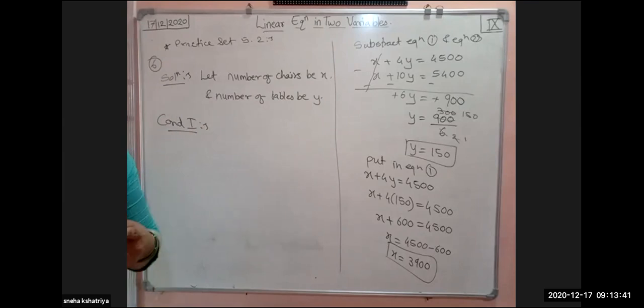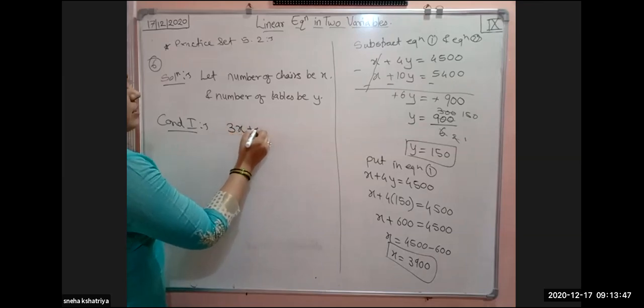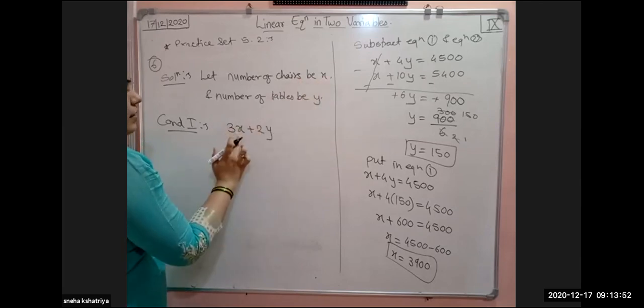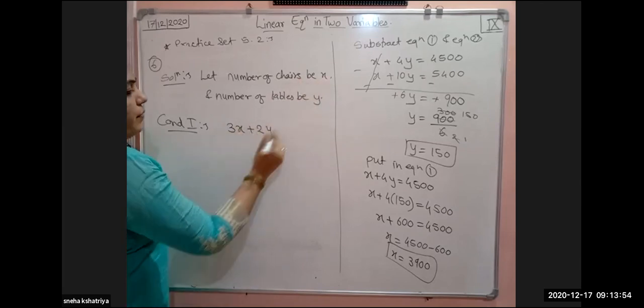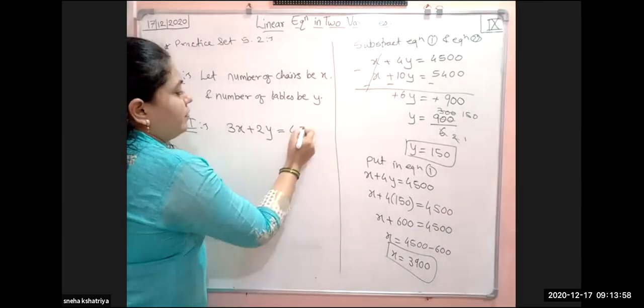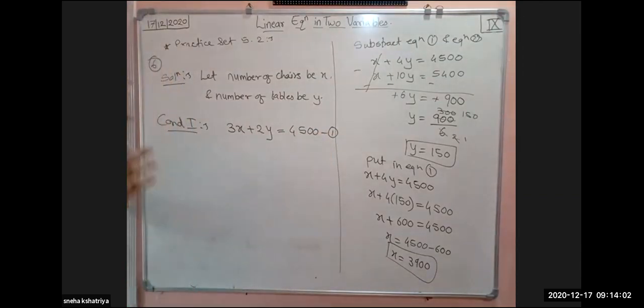Price of 3 chairs and 2 tables is how much? 4,500. 3 chairs plus 2 tables. Chairs are x, tables are y, and their price is 4,500. So whatever statement was given to us, we have converted it into mathematical form.